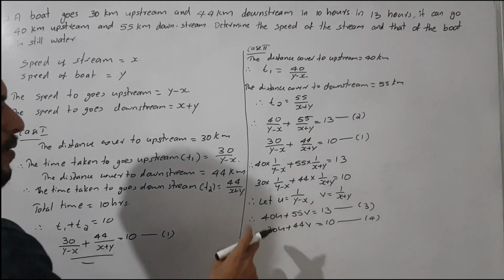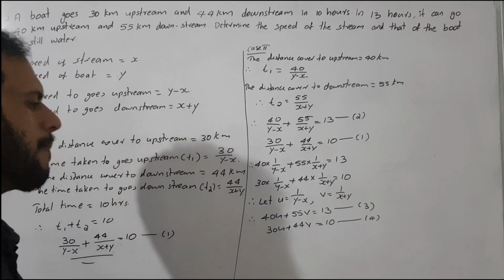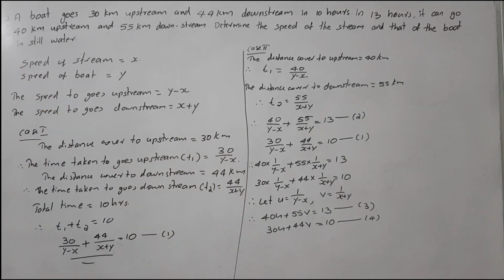So to equalize the coefficient of u, I am multiplying equation 3 by 3 and equation 4 by 4.